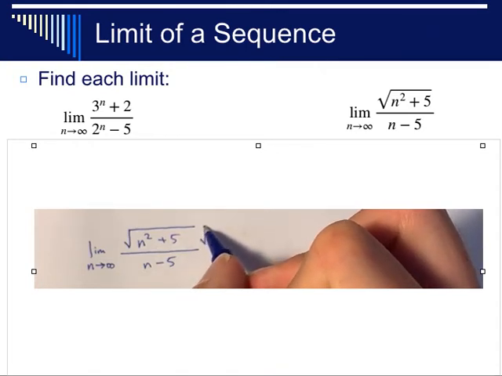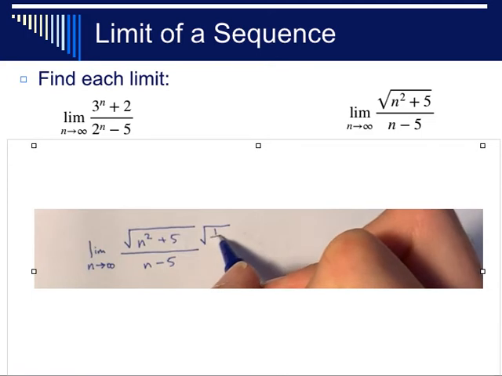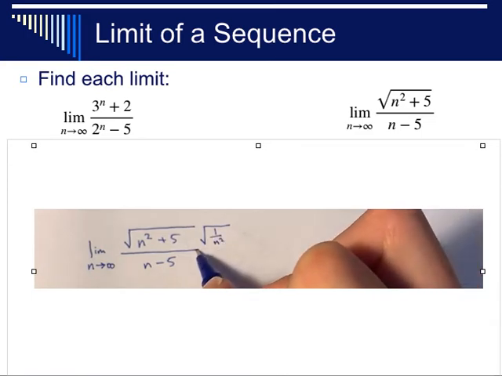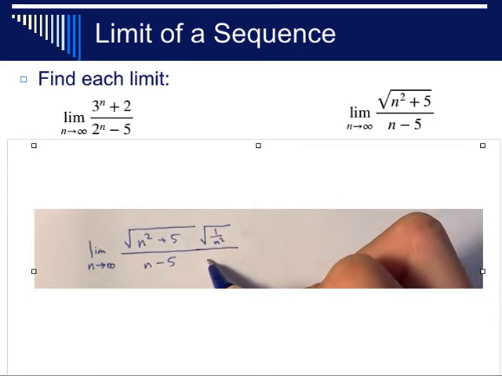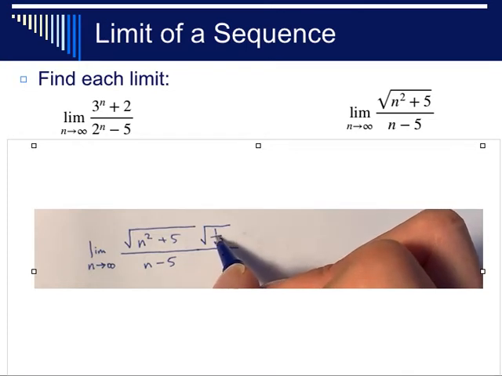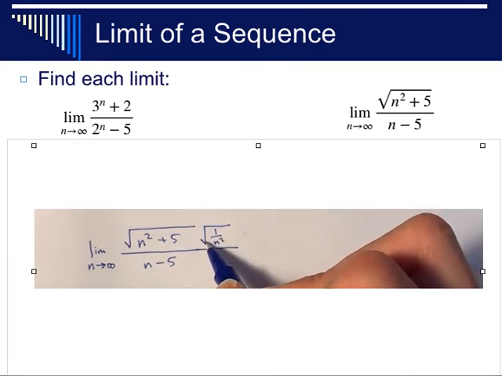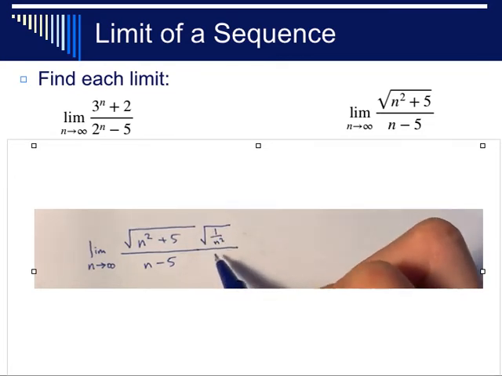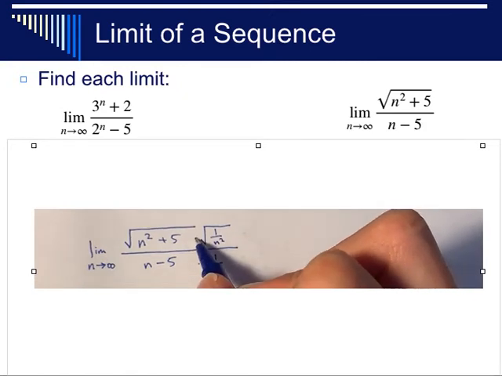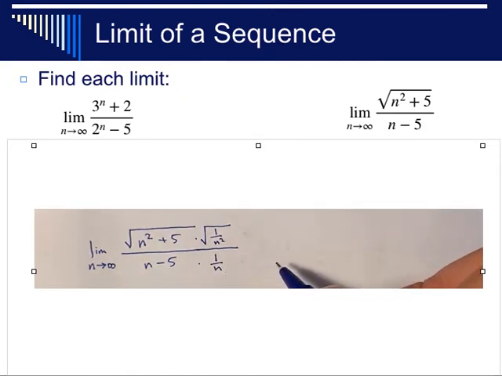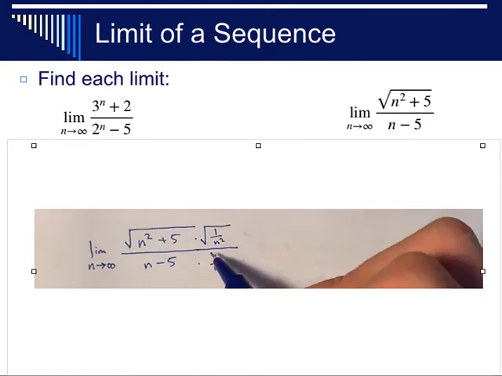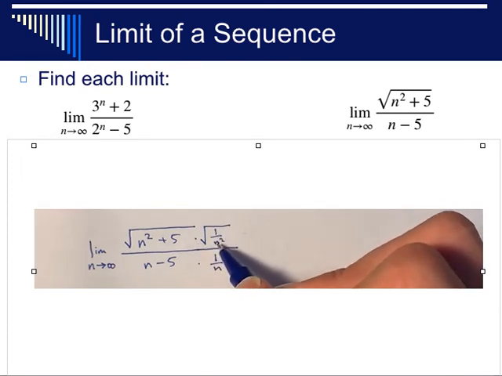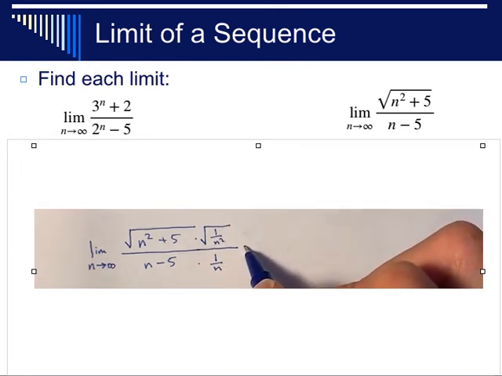So on top, the square root of 1 over n squared, and on the bottom, I'm going to multiply by the square root of 1 over n squared, but I'm going to take the square root of the top and the bottom and clean it up a little bit. So square root of 1 is just 1, and the square root of n squared is n. So even though it doesn't look like I'm multiplying the same thing on top and bottom, I am, because 1 over n and square root of 1 over n squared are the same.